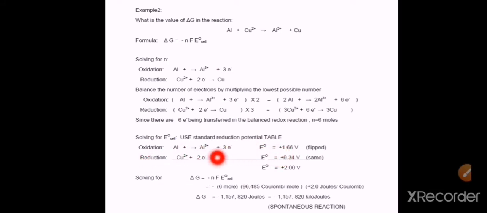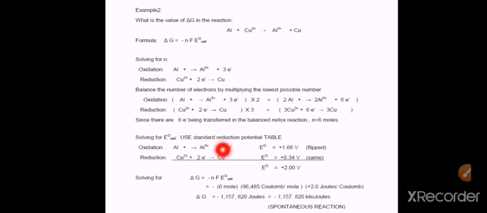Okay, at ang reduction naman ay same, hindi natin to flinip. So that would be positive 0.34 volts with a total of positive 2.00 volts. Now that we have the value of N and we have the value of cell potential E naught, we can now therefore compute for the delta G.